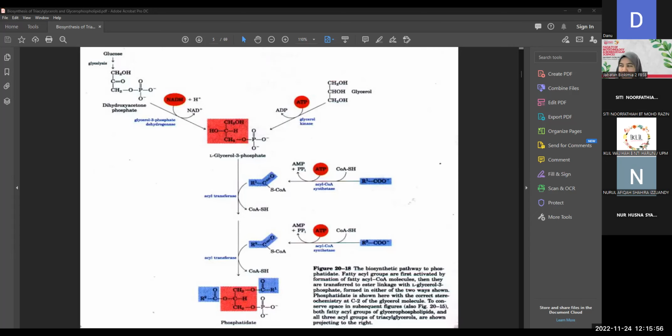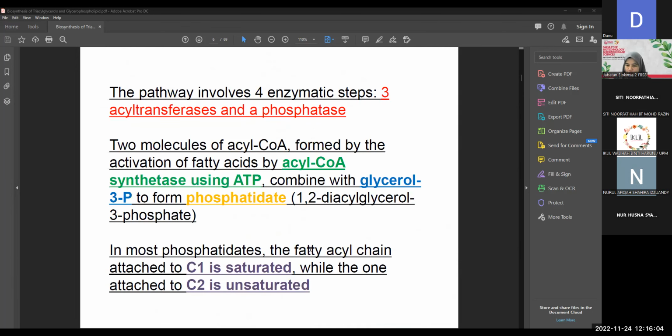Looking at the structure of a phosphatidate, in most phosphatidates the fatty acyl chain attached to carbon 1 is saturated, while the one attached to carbon 2 is unsaturated.